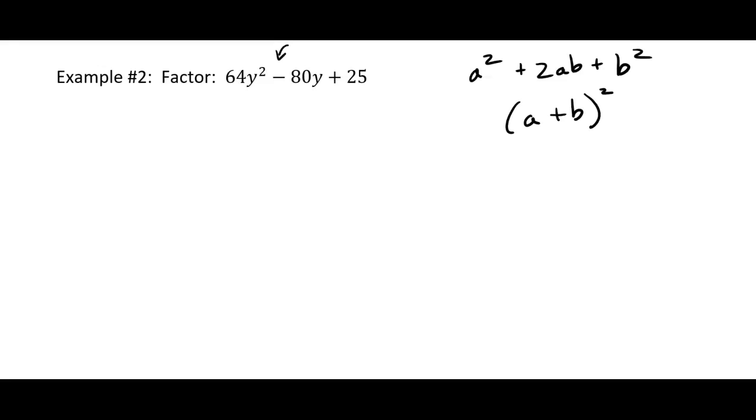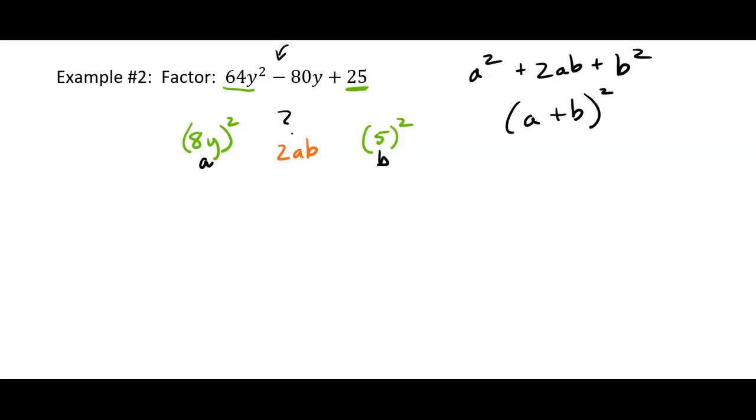Right there, it's subtraction. Okay, so let's look at the 64y squared. 8y, right? Because 64 is a perfect square. So I can put that as my A, 8y. And then I go to the back part, the 25, and I look at that as a 5 squared. So now I know my B. So then the question is, do I have 2AB?